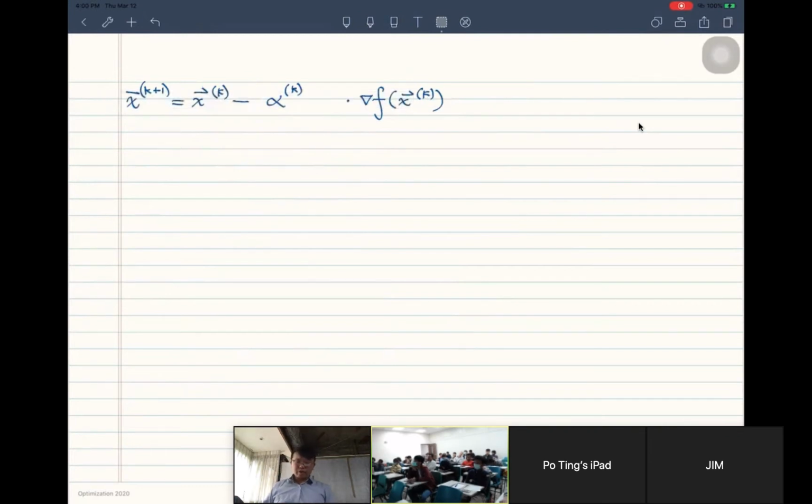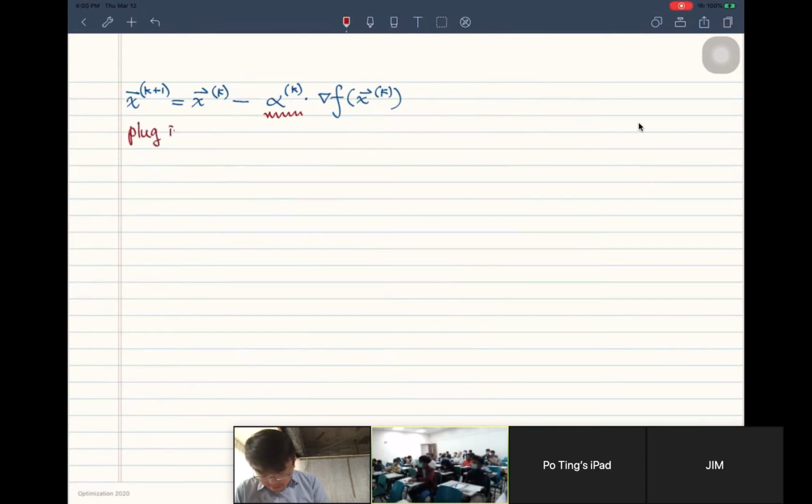Okay, so when we introduce this equation, it becomes a totally different problem. We are trying to find alpha. So how do we do that? We will basically plug in f.